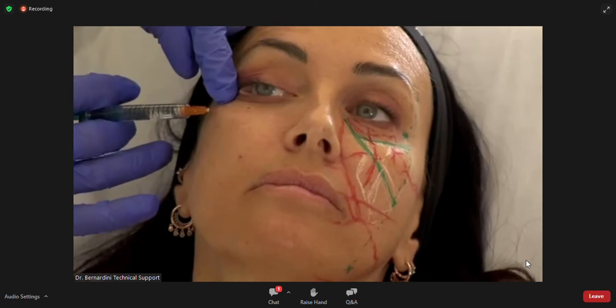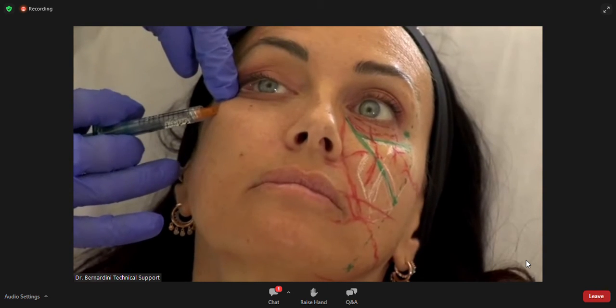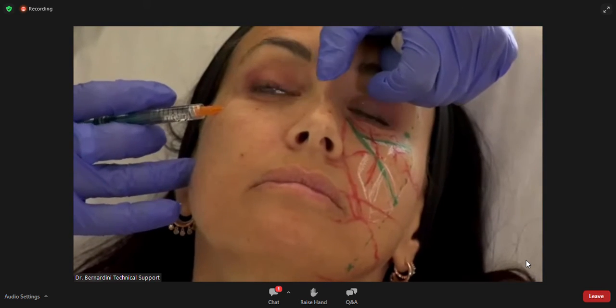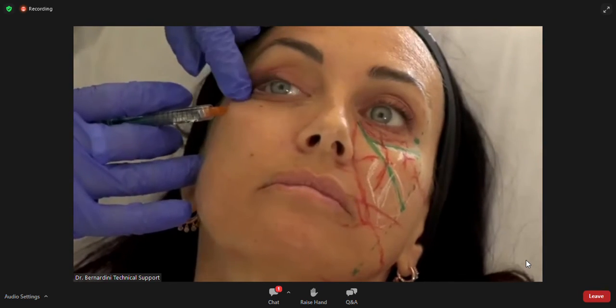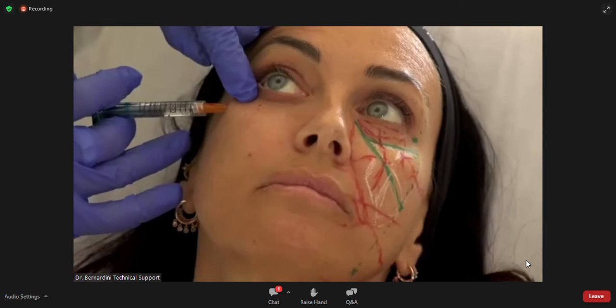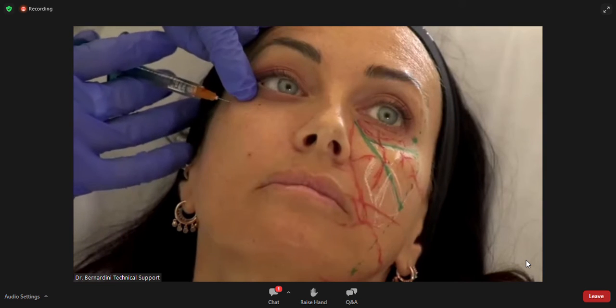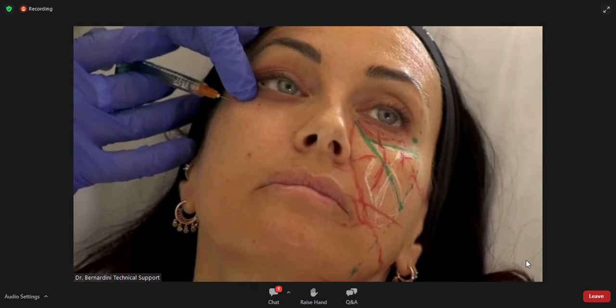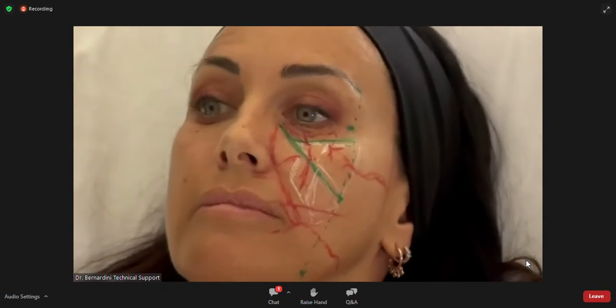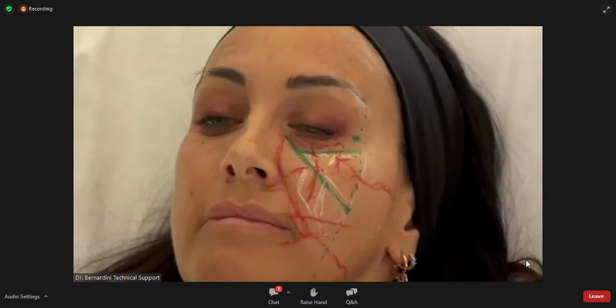You see, I'm going all the way to the tear trough. You see the angular vein over there? It looks like I'm almost touching it with the tip, but I'm actually here where I'm injecting. In order for you to see, I'm at the level where I stop.